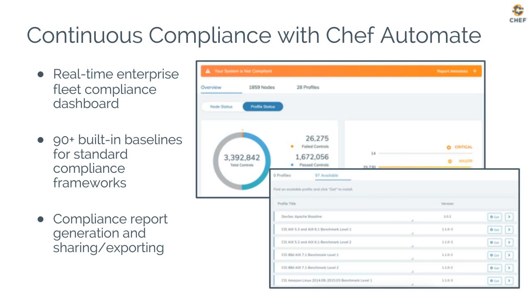These will go ahead and run a collection of these rules that we've seen examples of, and whether they be a couple dozen or a few thousand, we can aggregate those so that we can get across our environment a clear picture of where our audits are failing, the severity of those failures, and can inspect everything from that high-level summary all the way down to the individual control-by-control details. Automate users also have access to a library of built-in baselines for some standard compliance frameworks, including things like the Center for Internet Security's benchmarks, as well as DISA STIG.